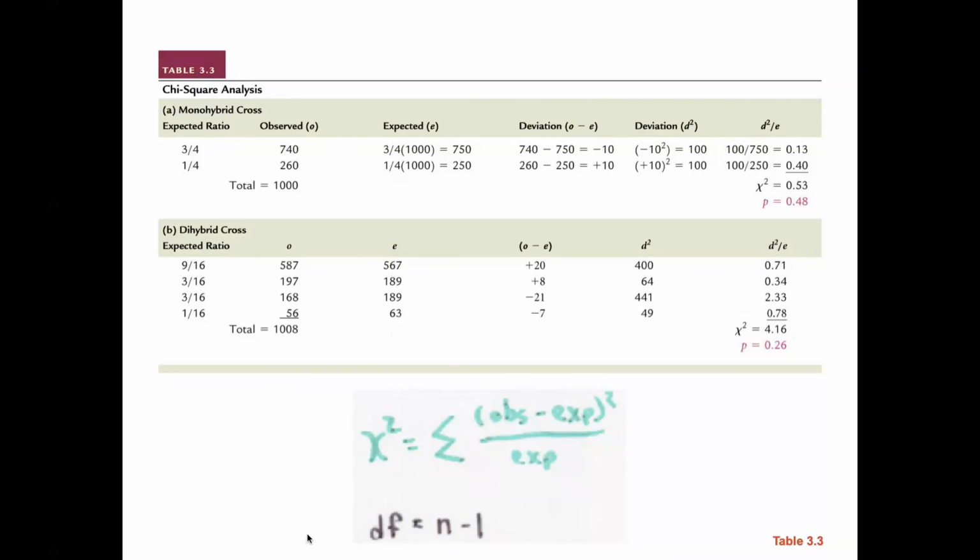So again, for the monohybrid, there's 2, so the degrees of freedom for the first experiment is 1. And for the dihybrid cross, the n is equal to 4 different phenotypic classes, so degrees of freedom is equal to 3. Okay, so once you've calculated those 2 numbers, again, they don't really tell you anything.